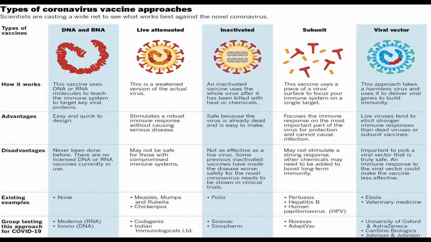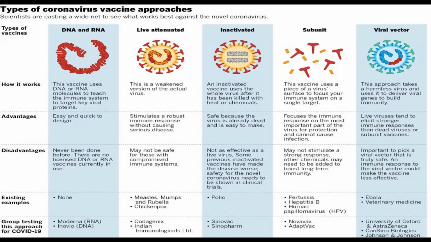So, ang advantages nila is sa DNA and RNA, easy and quick to design. So, yung live attenuated naman is stimulate the robust immune response without causing serious disease. And inactivated, safe because the virus is already dead and easy to make.